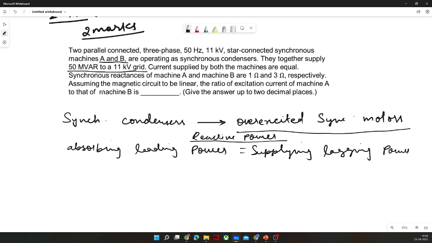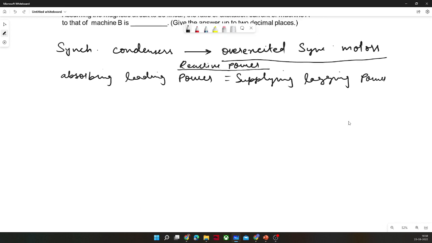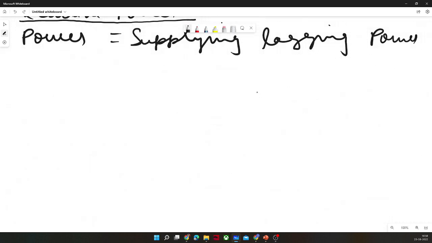So again, coming back to the problem here. So this 11 kV grid was there and 50 MVAR. They both are supplying equal current. So let's say first I will draw one. Let's say it has negligible armature resistance.